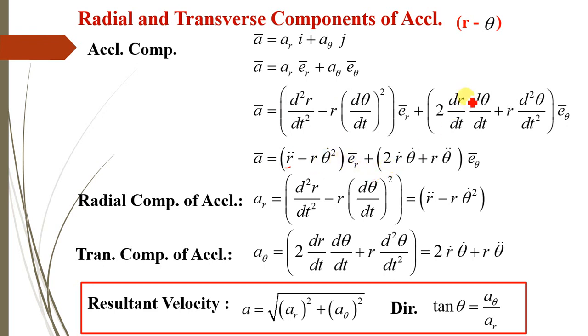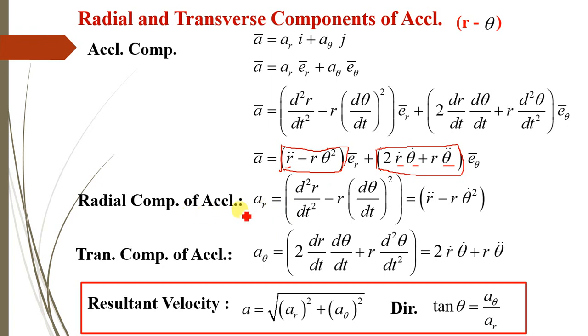Similarly, 2 into dr by dt, where dr by dt is expressed as r dot, d theta by dt is expressed as theta dot, then plus r into d squared theta by dt squared, the second derivative, which is theta double dot. From this, the first bracket is the expression for the radial component of acceleration, and the second part represents the transverse component of acceleration.